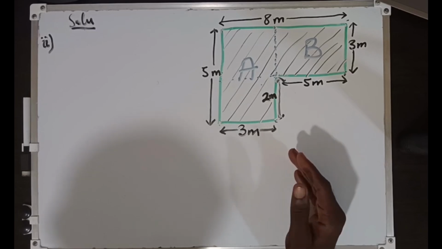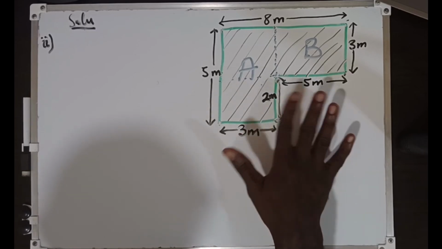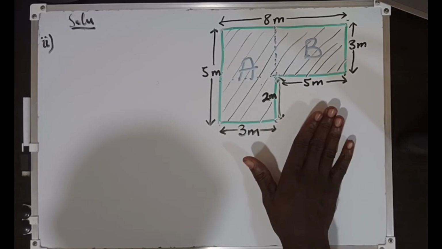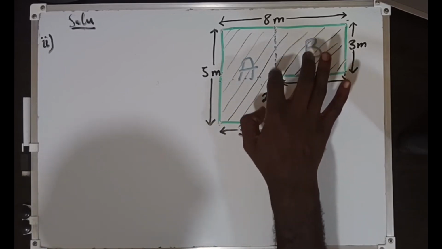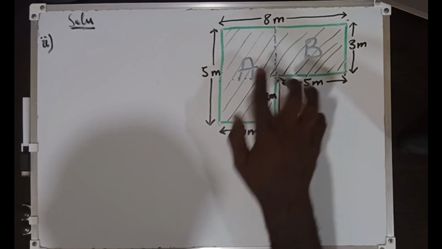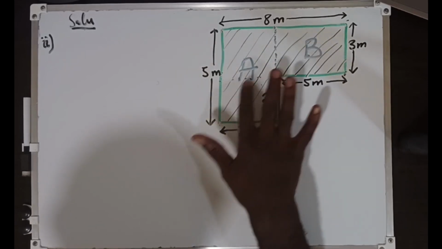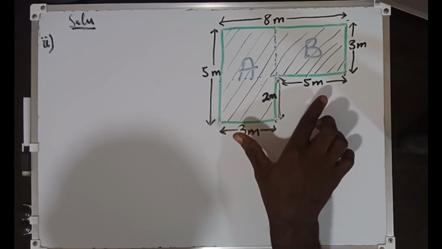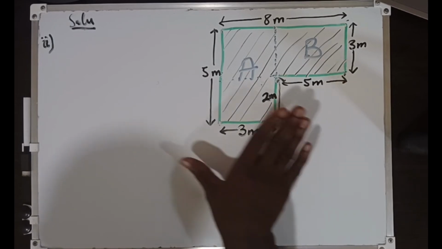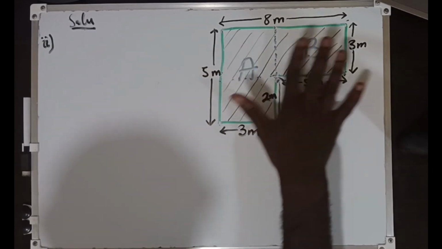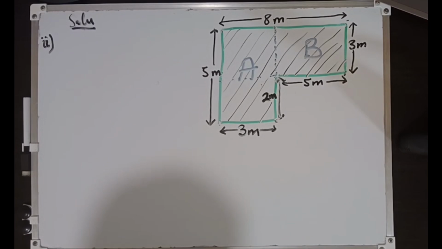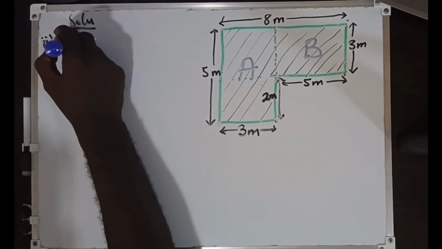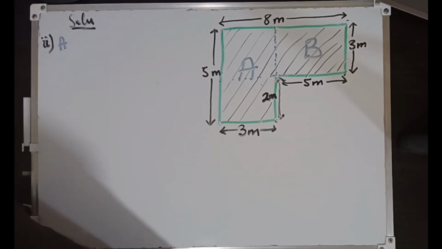Remember, if you are given any shape like this and you need to have dotted lines and then get a region A and region B, then you need to use your pencil and redraw the diagram in this way in your answer sheet. So don't forget.